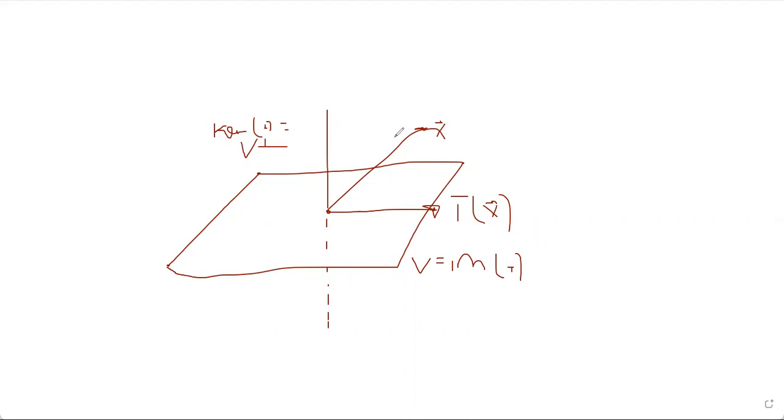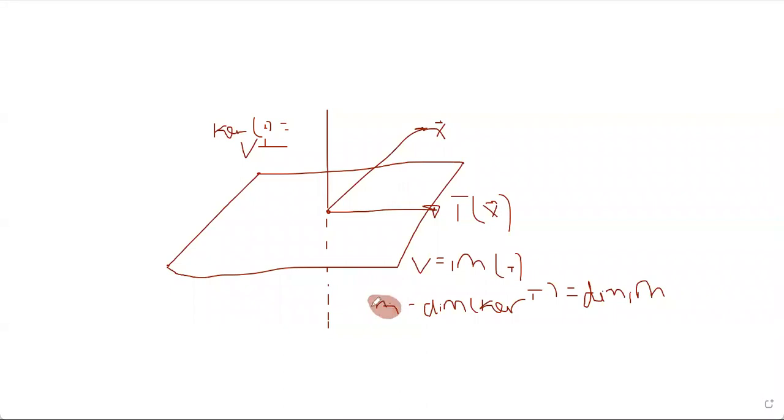Now, here's an interesting way that we can think about this. If we take this equation, m minus the dimension of kernel T equals dimension of the image T, here's what's really interesting.